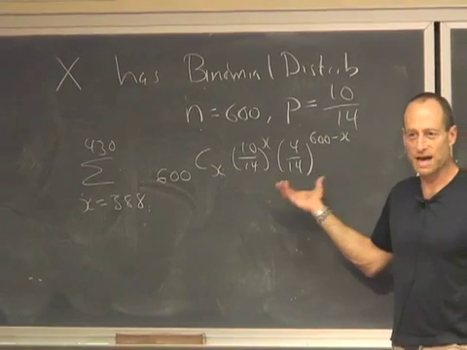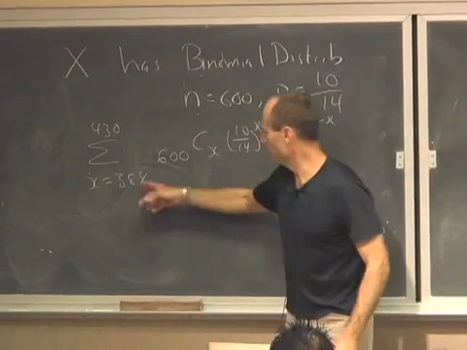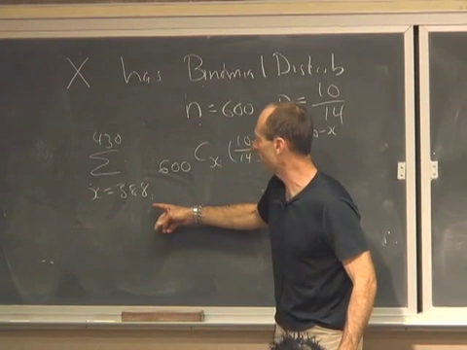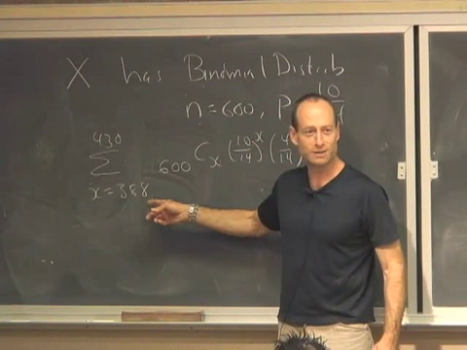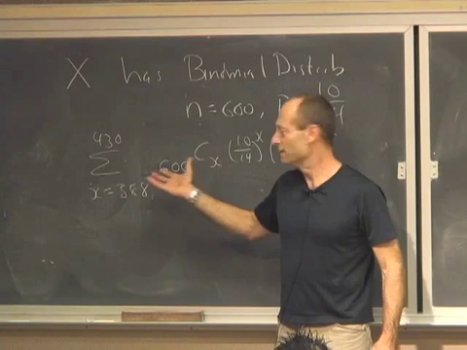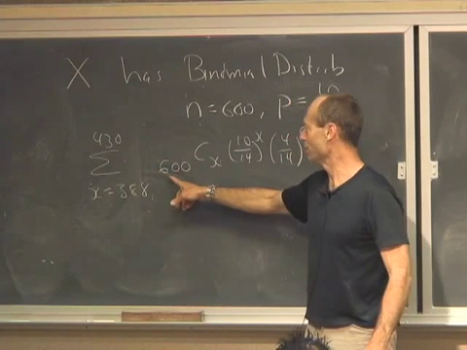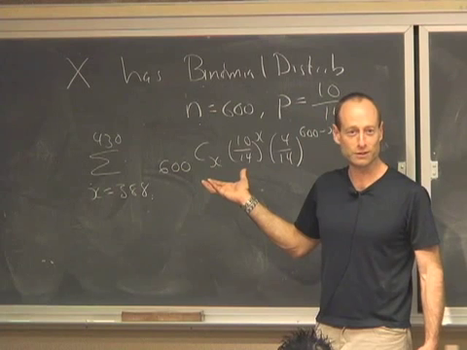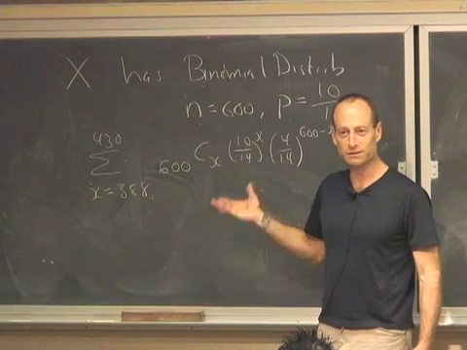That's the actual thing, which is the sum of about 42 or 43 terms. Messy. You're not going to be able to compute 600 choose x. It's going to overflow your calculator.